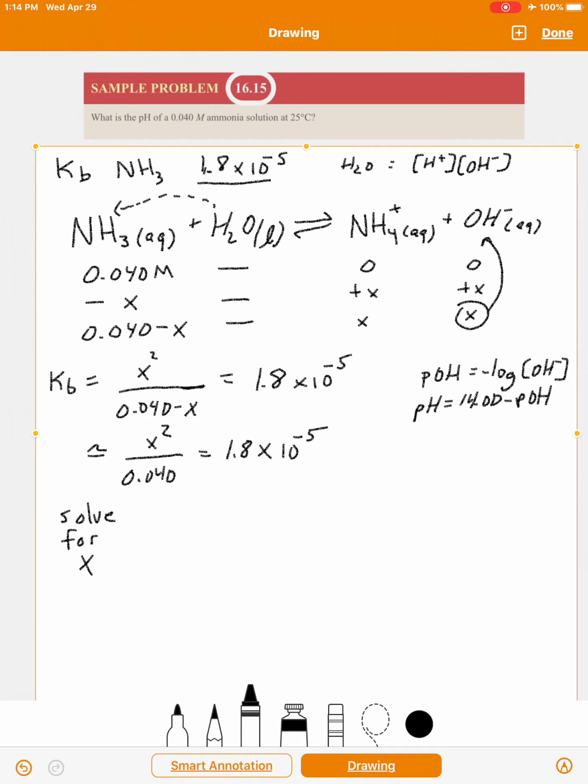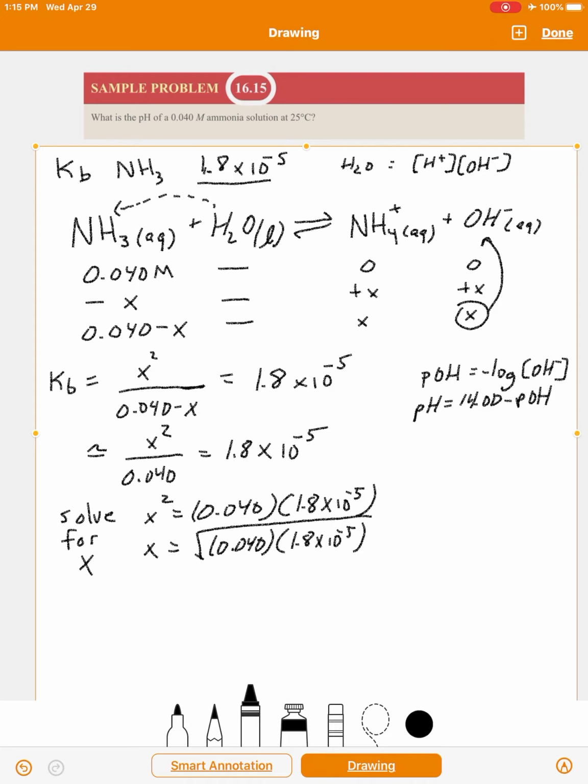Okay, so solve for x. How do we do that? Well, x squared is 0.040 times 1.8 times 10 to the minus 5. So x is the square root of that. Plus or minus the square root, right? Okay.